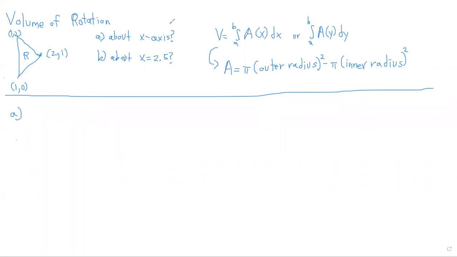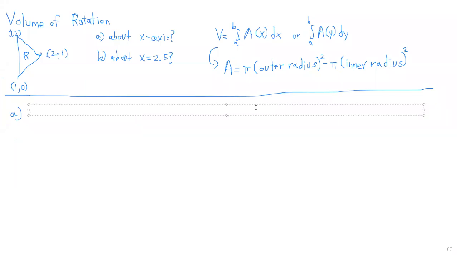So the other question: I said V is equal to either, with respect to x, the integral for area, or with respect to y. So how do we know whether to use A of x or A of y? There's actually a rule of thumb for that, which I'm going to write down.